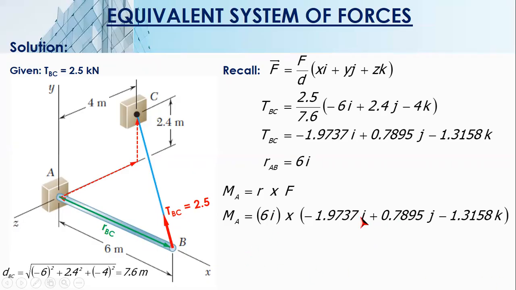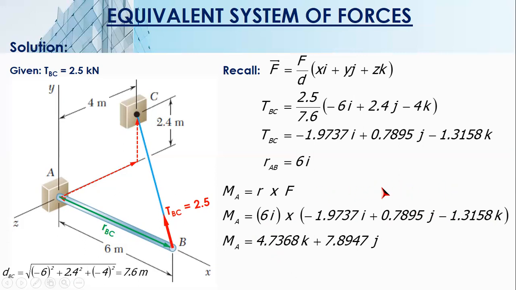So i cross i is 0. i cross j, using the sign convention from earlier, is positive k. And i cross k is negative j. Imagine i, j, k, i, j.